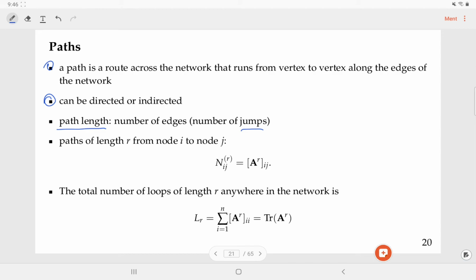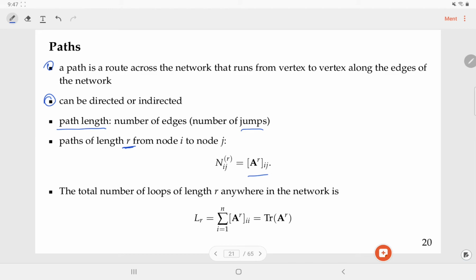Okay, so it turns out that, and this is pure linear algebra, if we want to have a path of length r from node i to node j, then what we need to do is take the adjacency matrix, raise it to the power r, and then see the entry at row i and column j.